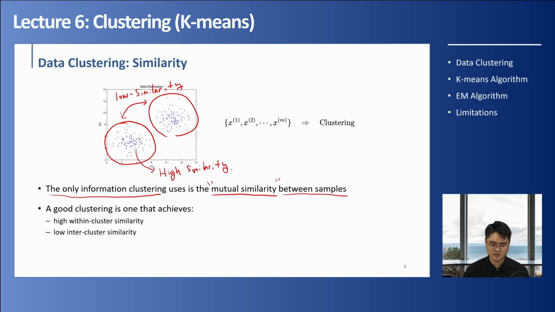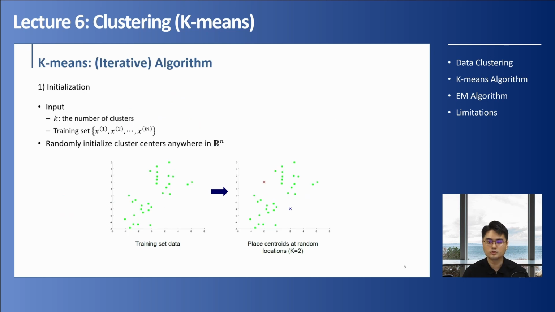So a good clustering is when we have high within-cluster similarity. The data points inside one group have high similarities, and the data points in different clusters have low similarities. So to do this clustering, we use k-means clustering, and let's talk about the algorithm for doing it.